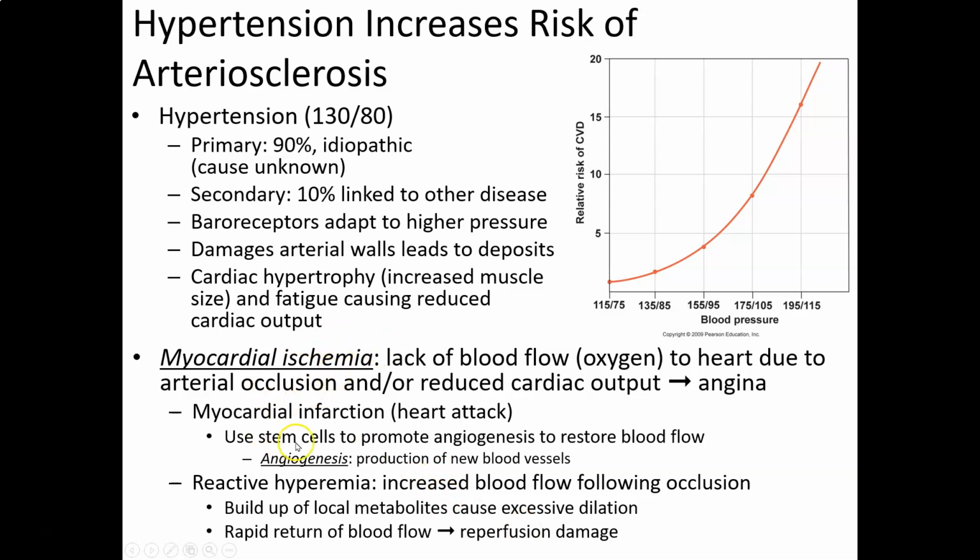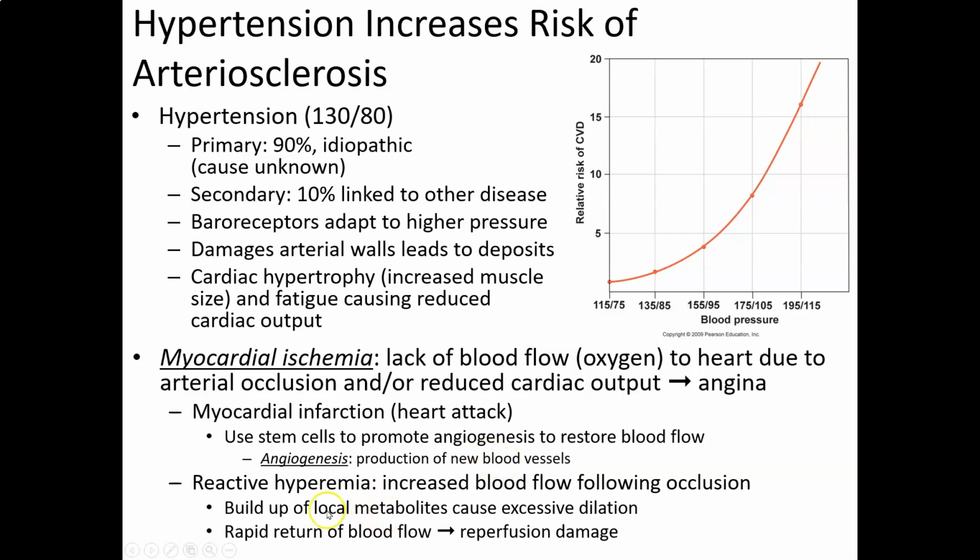If that gets bad enough, it can lead to what we call a myocardial infarction. That's the scientific name for a heart attack. And sometimes we try to use stem cells on someone's damaged heart to promote something called angiogenesis. So angio is blood vessel, genesis is make. And so sometimes we try to make new blood vessels to help supply the heart with oxygen.